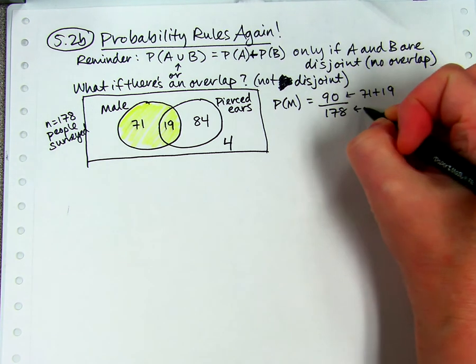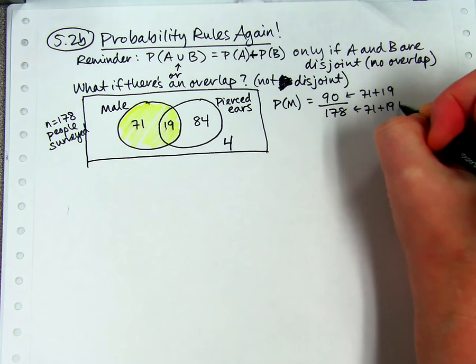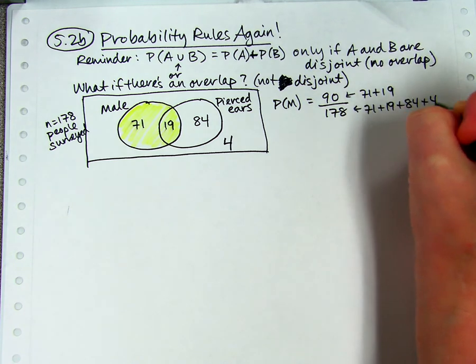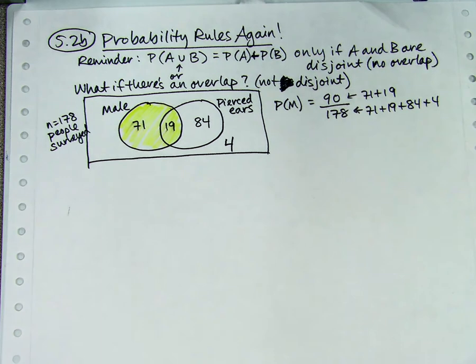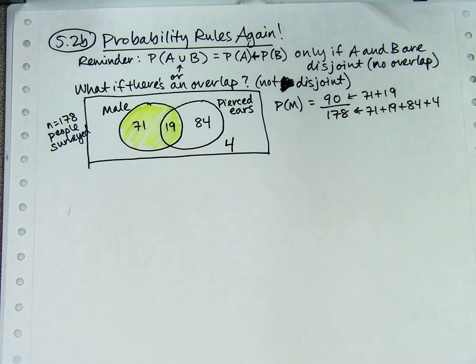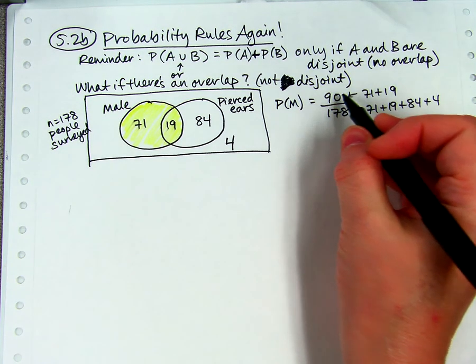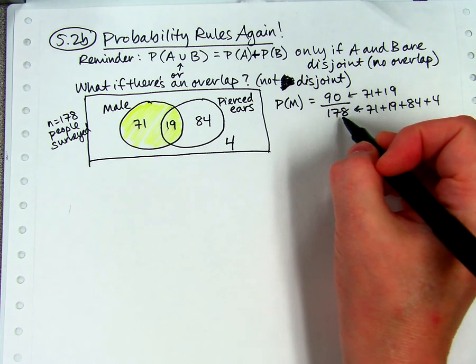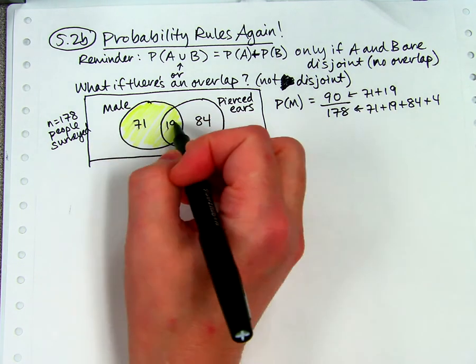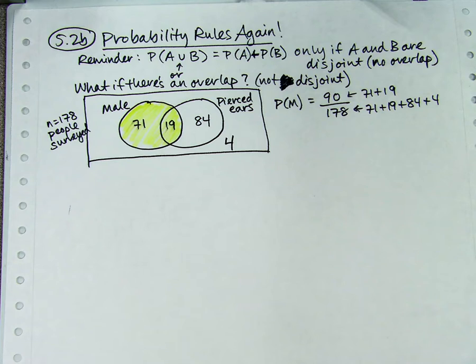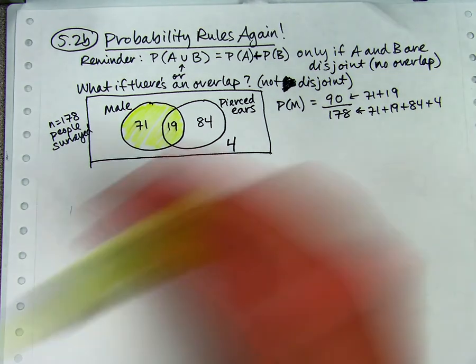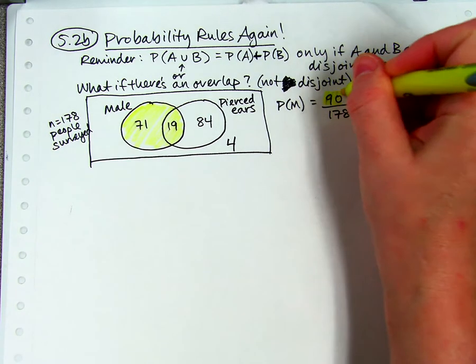And that came from 71 plus 19 plus 84 plus 4. 178 people in the survey. And we could reduce that or make it a percent or whatever. That's not the important part. The important part is, can you find the correct number for the top and the correct number for the bottom? And that came from this whole circle divided by the whole thing. So that is one of the possible probabilities I could ask you for.